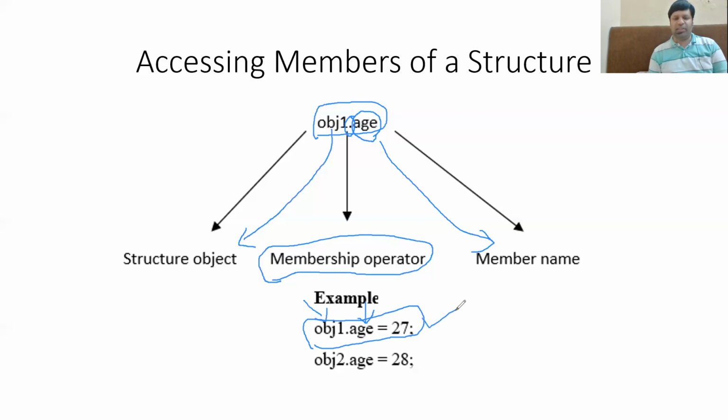The value is 27. Now, in the second example, we are again assigning a value to the data member age, but this age is different from the age in the first statement because it belongs to object 2, whereas in the first statement the age belonged to object 1. So what will be the value of the age which belongs to object 2? The value will be 28.